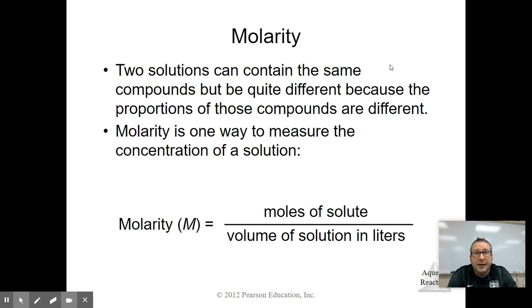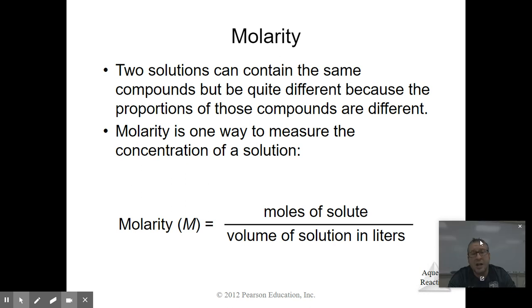We can have two or even more solutions of the same substance, but we can have a drastically different concentration of those substances. That's what we need to evaluate in today's discussion: how do we determine and create solutions of certain concentrations? And so we utilize the concept of molarity, and this is important.